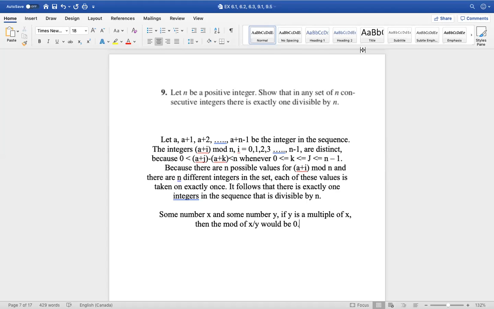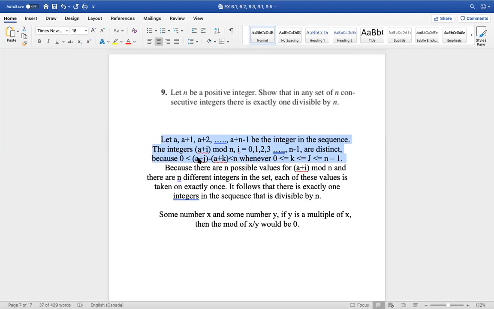So what we did is we basically went from a to a plus n minus 1, just one number less than n, because we have to show up to n, right? Show that in any set of n consecutive integers, there is exactly one divisible by n. So this is the sequence we are assuming, and if we take a plus i, where i can be anyone from 0 to n minus 1, and add it to a and divide by n, we get distinct remainders.